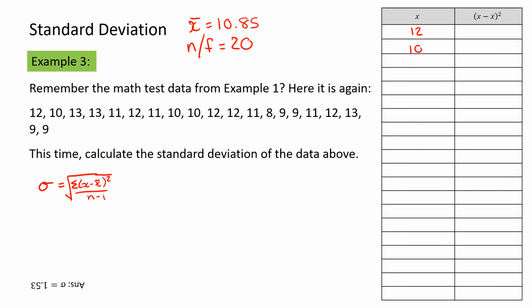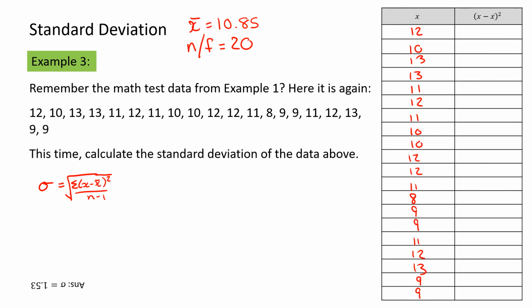So 12, 10, 13, 13. I'm just going to keep writing them. And for each one of these, I'm going to do x minus x bar.